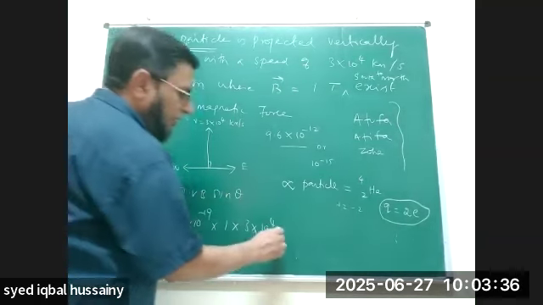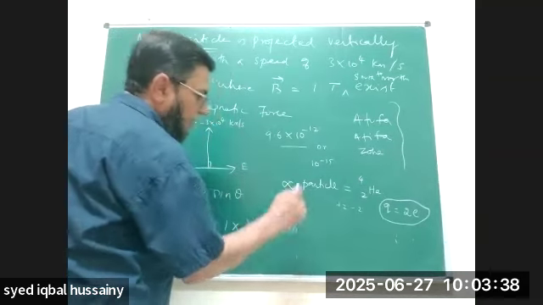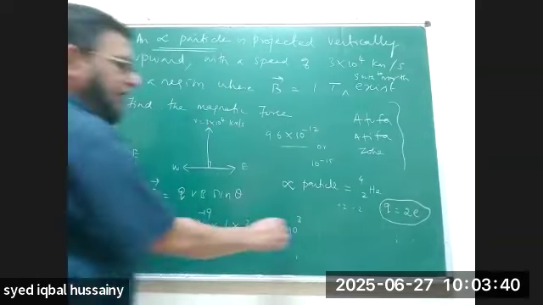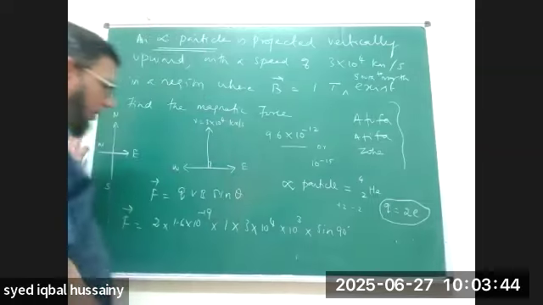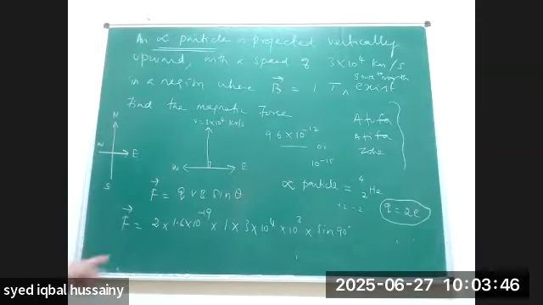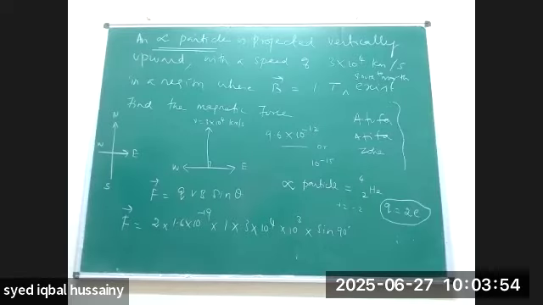Then sin theta, sin 90. So 2 into 1.6 into 10 power minus 19, then 3 into 10 power 7, sin 90. Sir, that is 9.6 into 10 raised to minus 12.